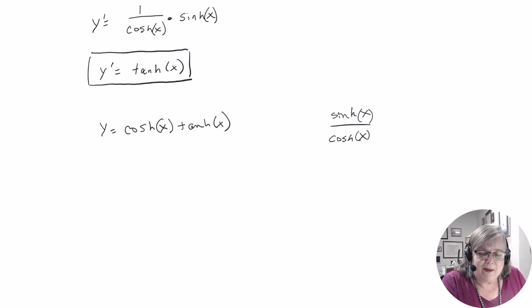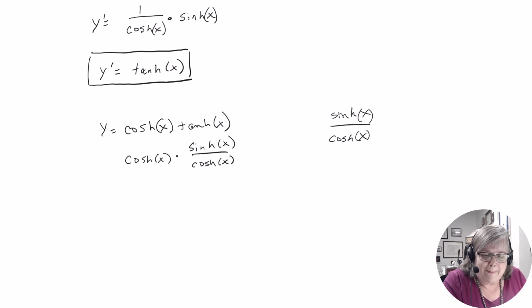So if these are multiplied like this, and I have not taken the derivative yet, then this hyperbolic cosine cancels this hyperbolic cosine, and you have the hyperbolic sine of x, right?